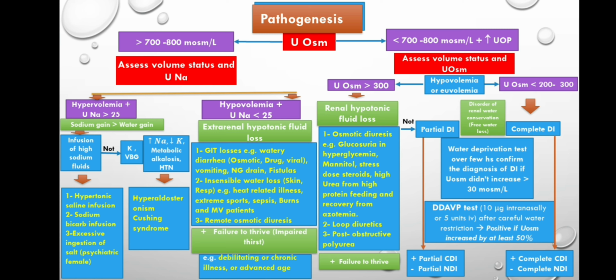So there is free water loss in case of DI. The kidney cannot conserve water. We said it is because either the ADH is centrally not secreted, or the ADH is not causing its action due to a receptor problem in nephrogenic DI.